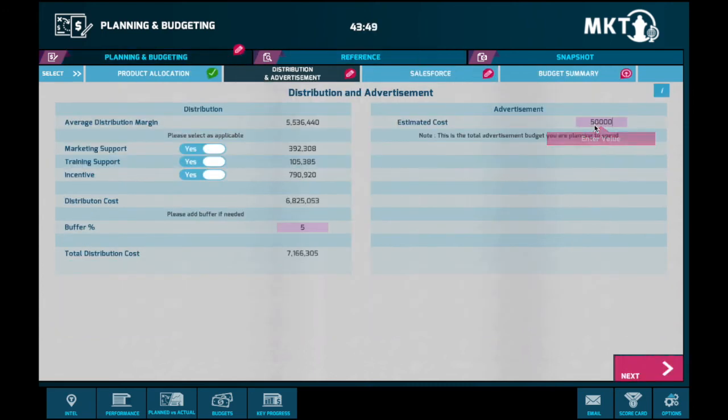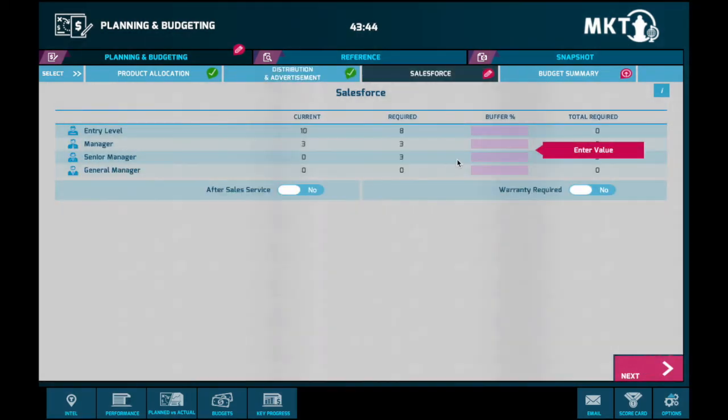So let's assume that I seek an advertisement budget of about 5 lakhs, and now I would need to make a plan on the overall sales force that I require in order to meet the stated objective of the number of products that I would like to sell. For example, if I'd like to sell about 10,000 units of products, I would need more sales force in order to meet the market demand.